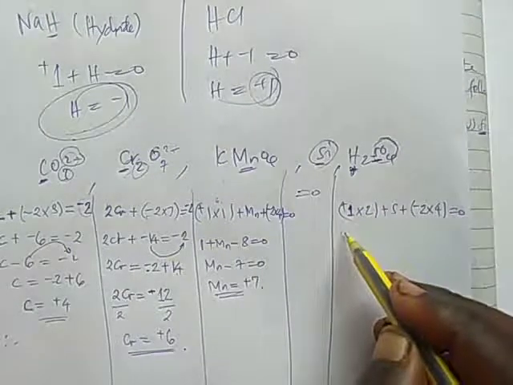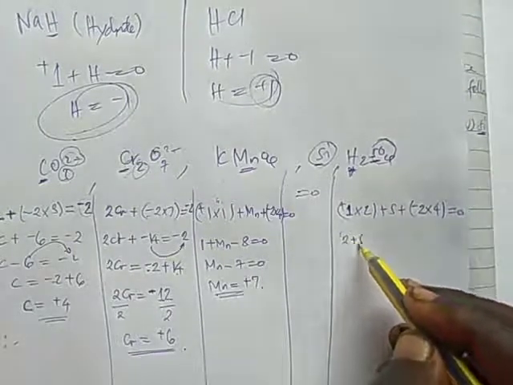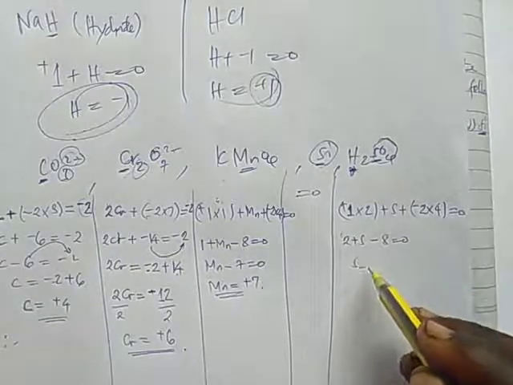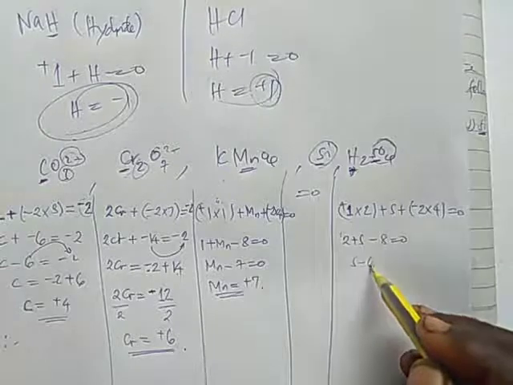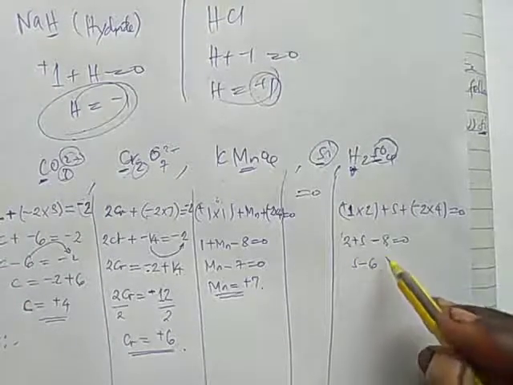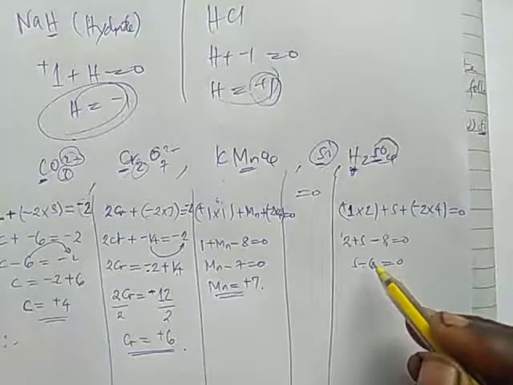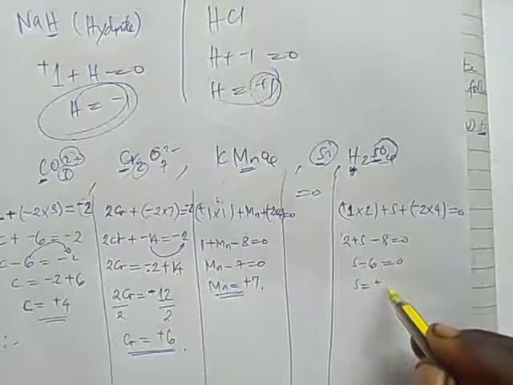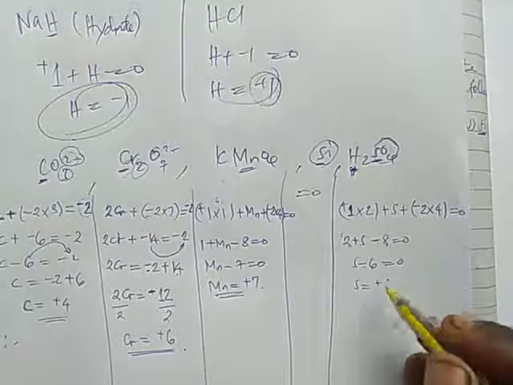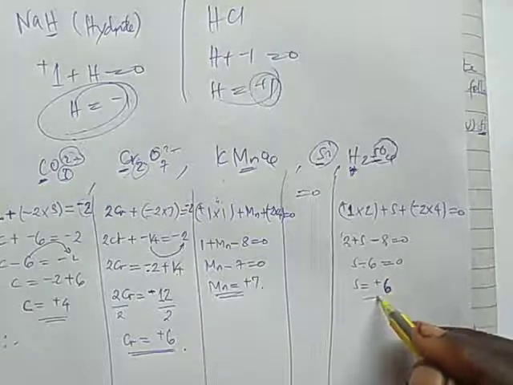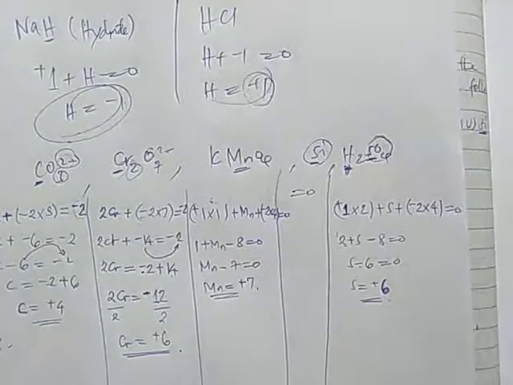Kwa hiyo tunasema itakuwa ni 2 plus sulfur minus 8 is equal to 0. Sulfur minus 6, kwa sababu 2 na 8 manake itabakia negative 6 is equal to 0. From there manake itakuwa sulfur is equal to positive 6. In our case sulfur tutapata positive 6.